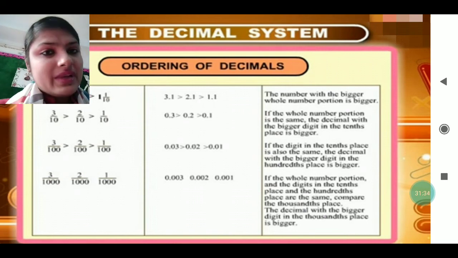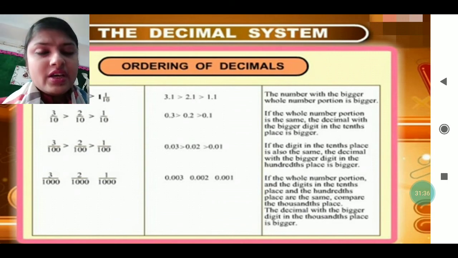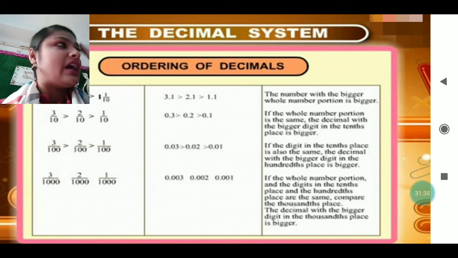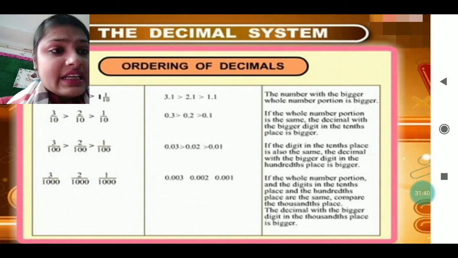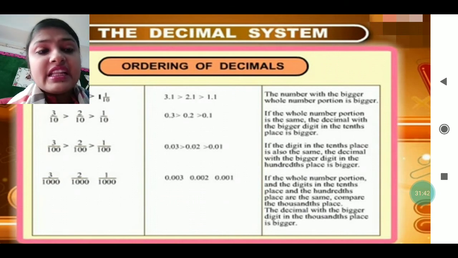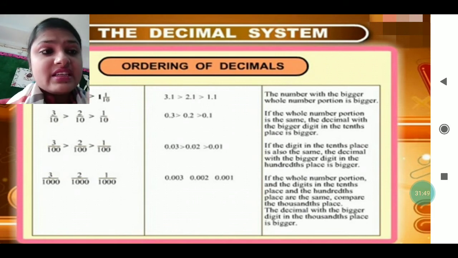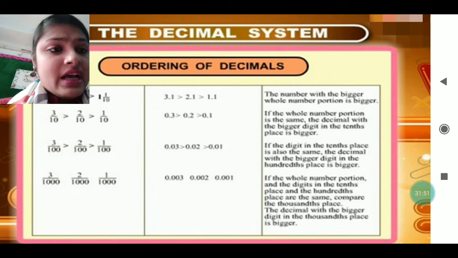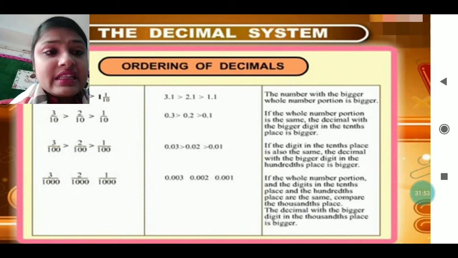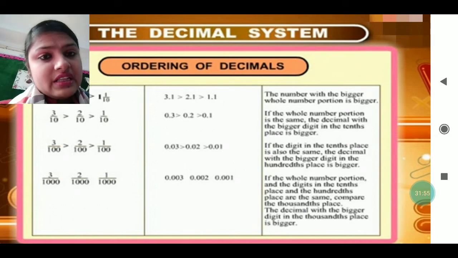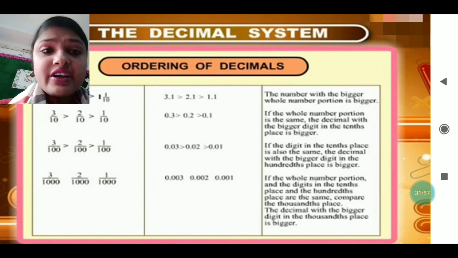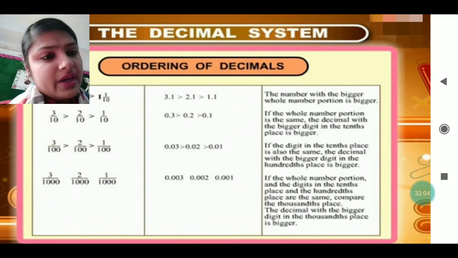If the whole number before the decimal is the same, then the decimal with the bigger digit in the tenths place is bigger. If the digit in the tenths place is also the same, the decimal with the bigger digit in the hundredths place is bigger.